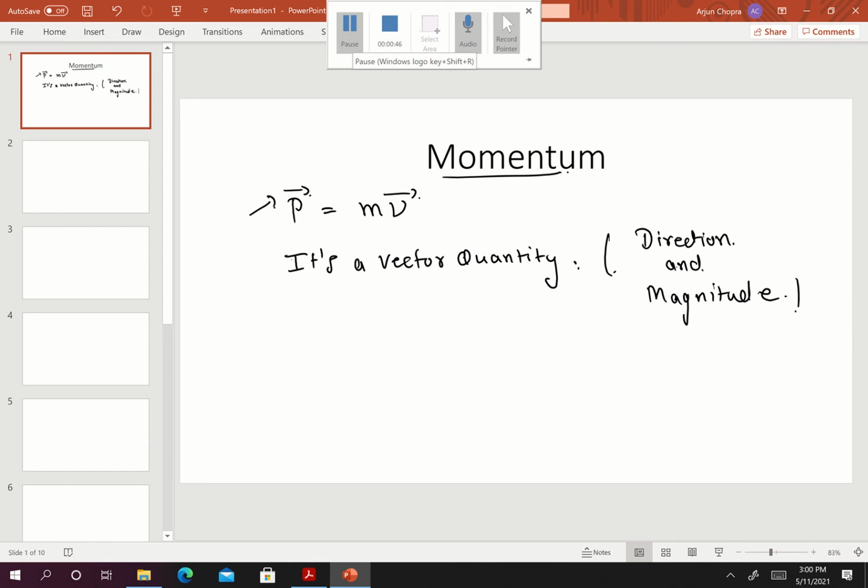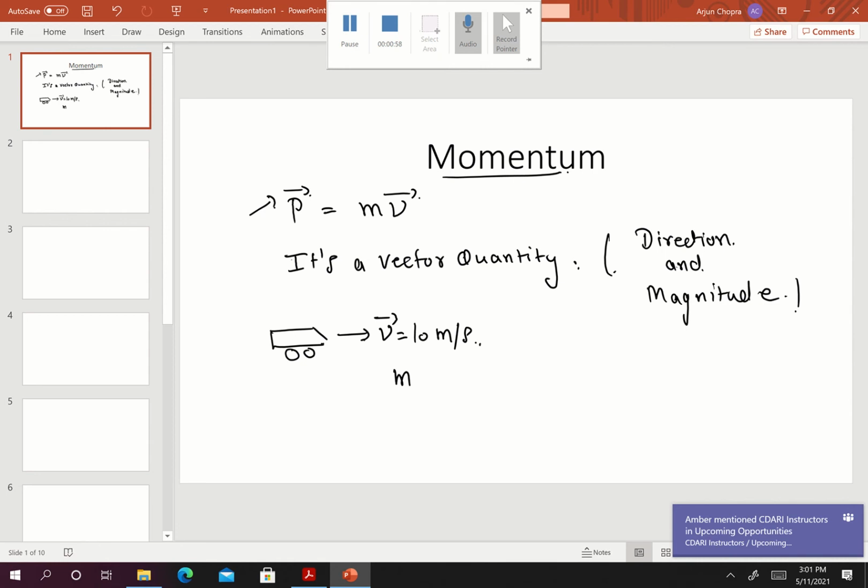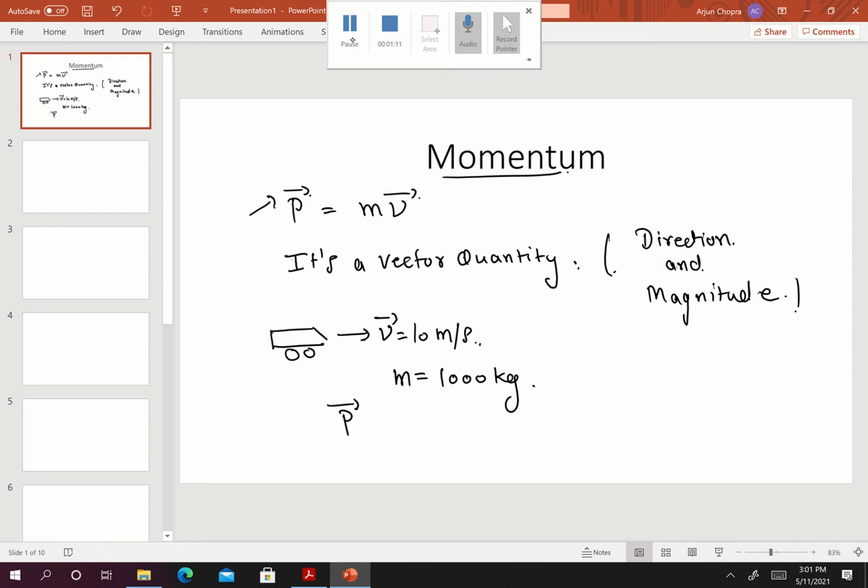So basically, let's say there is a car which is moving in the forward direction at 10 meters per second, this is the velocity, and the mass of the car is, let's say, 1000 kgs, and I want to find the momentum. Because this is the velocity, I have to represent the direction also.